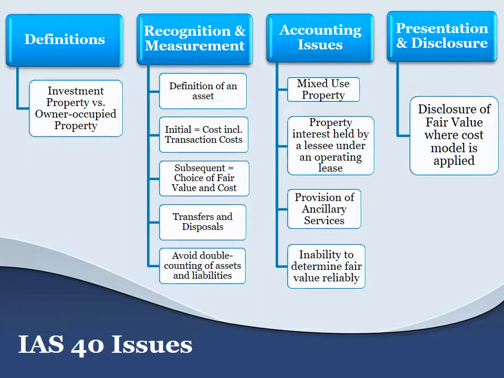It talks about the disposal of investment property, and it also warns us not to double count investment property, because you may find yourself in a situation where the investment property that an organization has is also made up of other items that may meet the definition of property, plant and equipment, for instance, property that is let on a fully furnished basis.